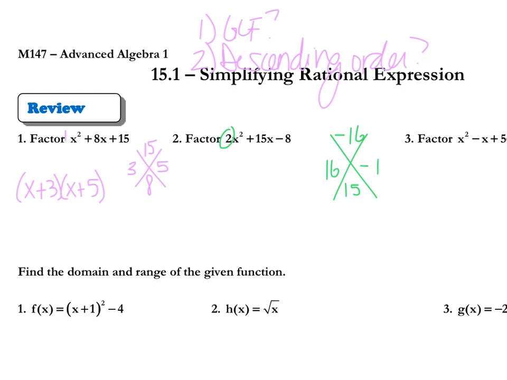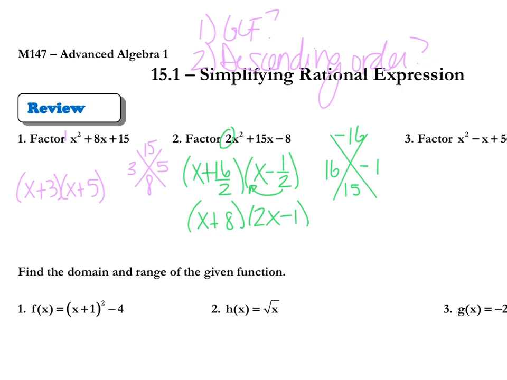And remember that anytime A is greater than 1, we have to divide by A, the bottoms up method. So x plus 16 divided by 2 and x minus 1 divided by 2. Anything we can simplify, we're going to do that. So x plus 8 and then bottoms up, 2x minus 1.